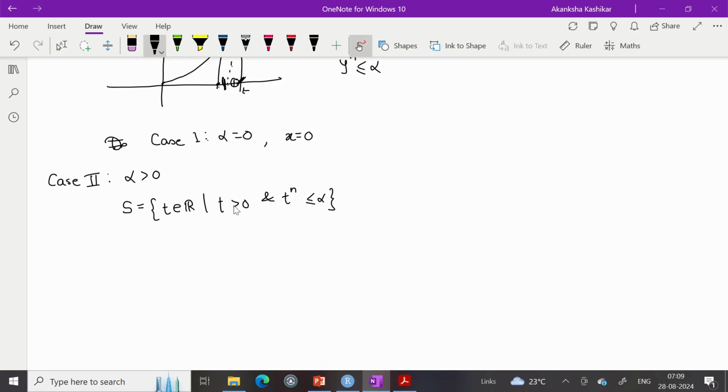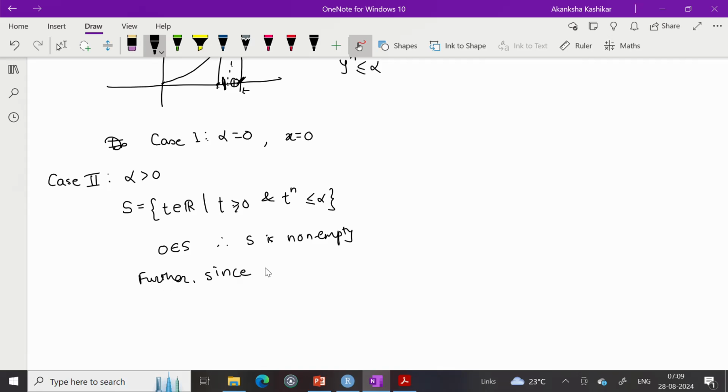It doesn't have to be strictly greater. Now 0 belongs to S, therefore S is non-empty, because 0 raised to n will always be less than alpha since alpha is strictly greater than 0. So S is non-empty.